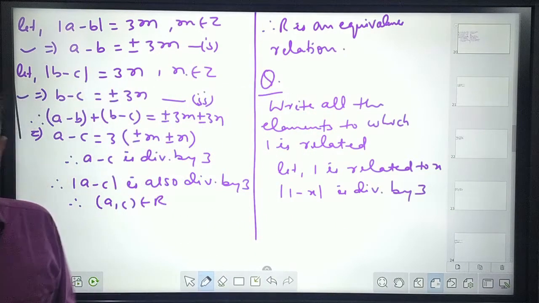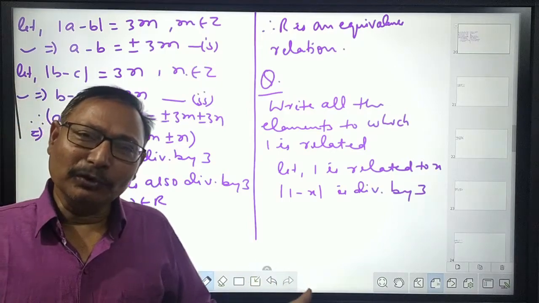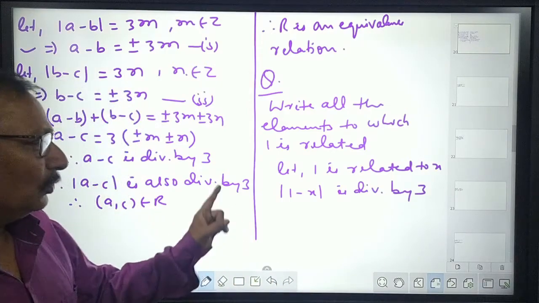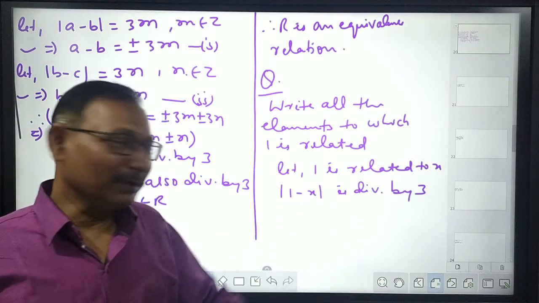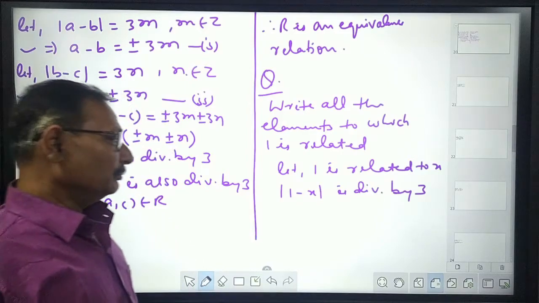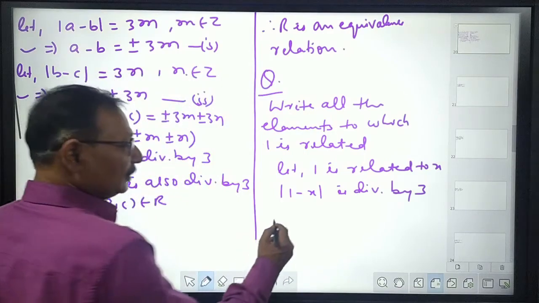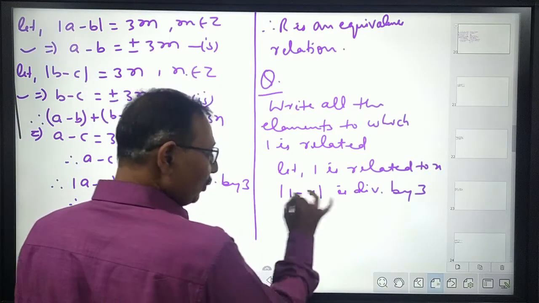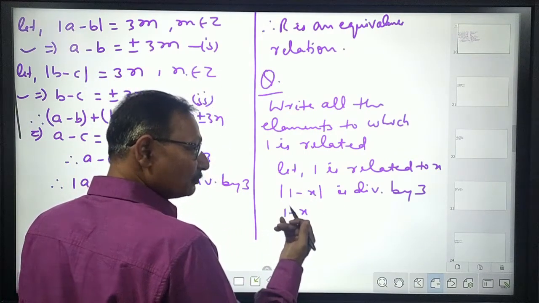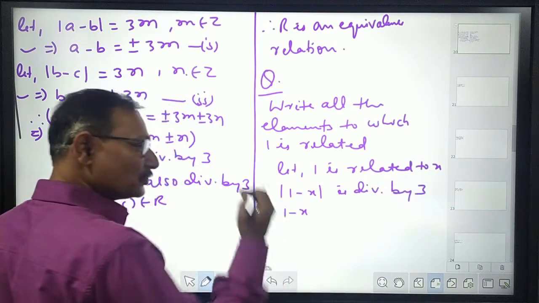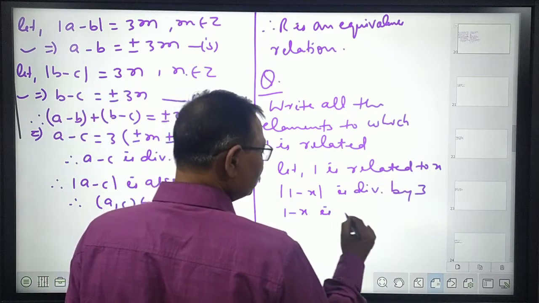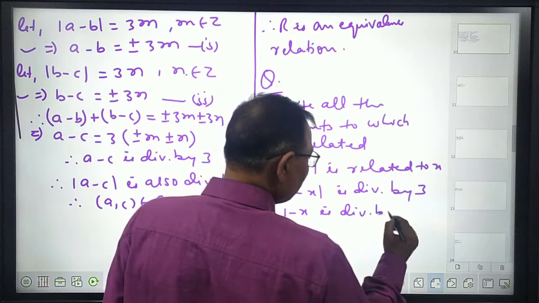Otherwise it won't be related to 1, won't be a member of R. So 1 minus 1 is divisible by 3. Okay, now tell me, if 1 minus x is divisible by 3, then surely modulus of 1 minus x is also divisible by 3.